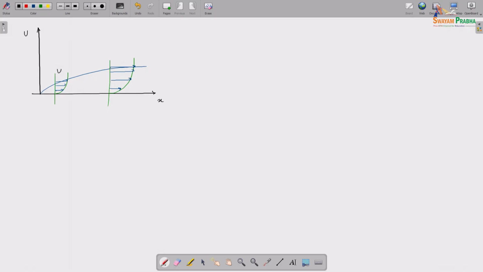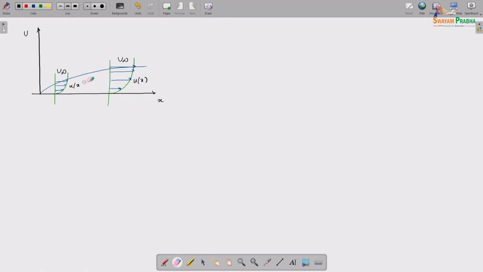Of course you can see that the velocity within the boundary layer is a function of x, but primarily the change is actually in the y direction. So it depends on x and y.